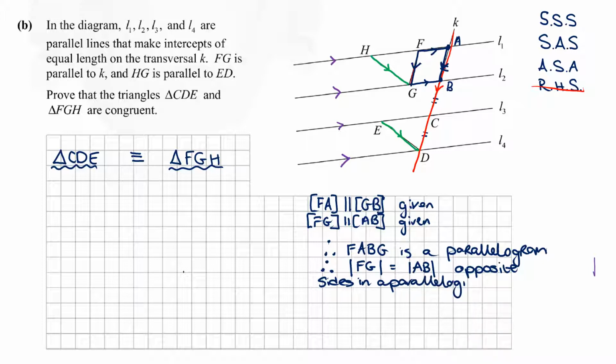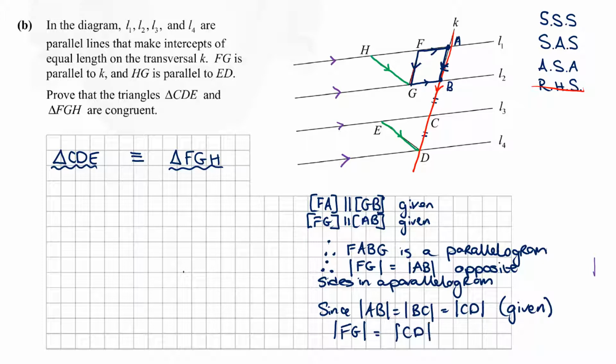Now, by that logic, since AB equals BC equals CD, which was given, we can say that FG equals CD.